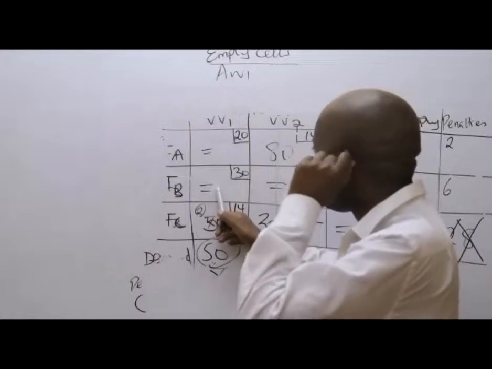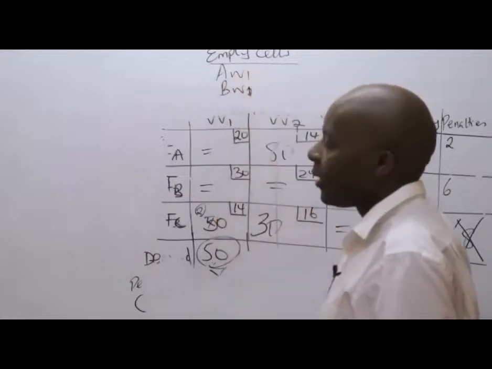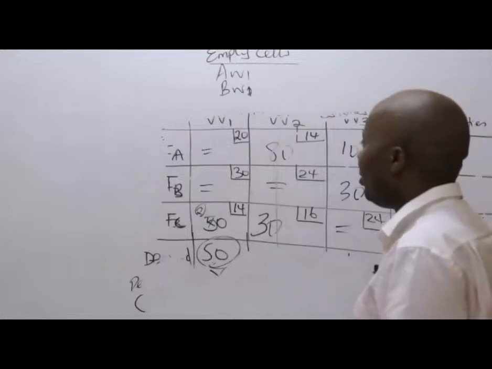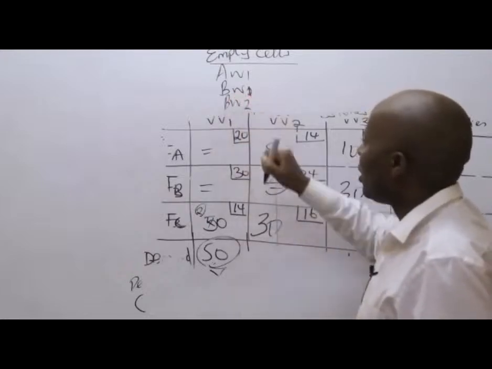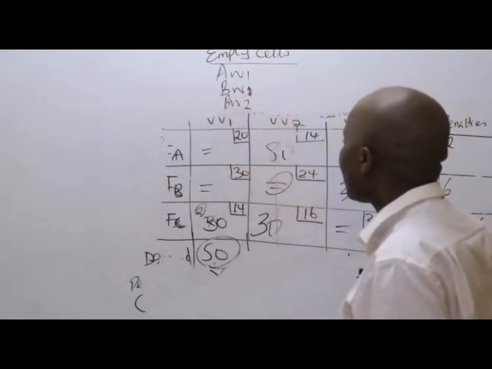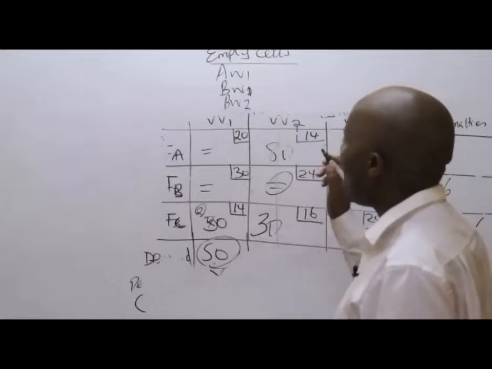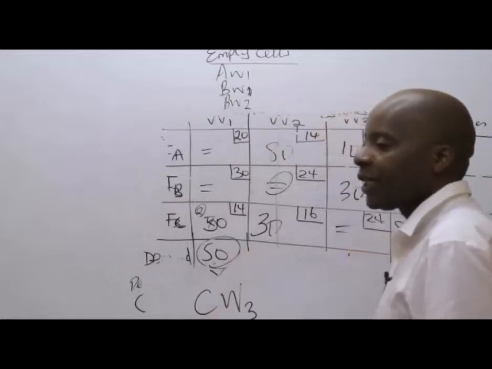The other one which is empty is BW1. I'm just trying to give you a list of all those cells that are empty. So BW1, also this one here, BW2, and then lastly we have CW3.